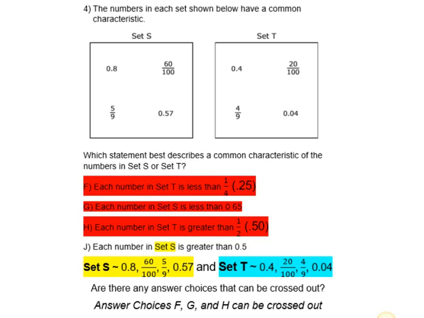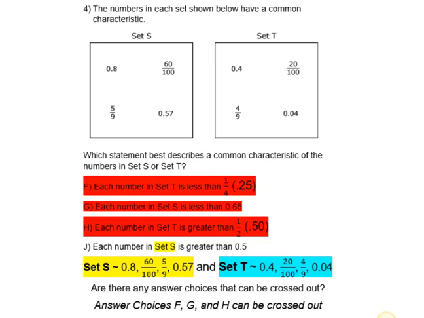Well, automatically we know that that's incorrect because one of the numbers in set T is 0.4 or 40 hundredths, okay? And so 0.25 is actually less than 0.4, and we can add a 0, so that answer choice is incorrect. We can cross it out.